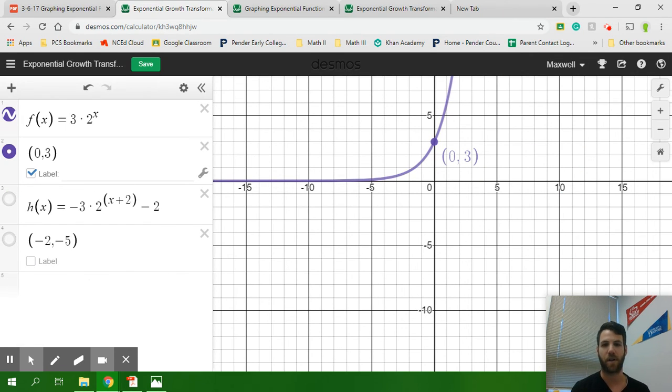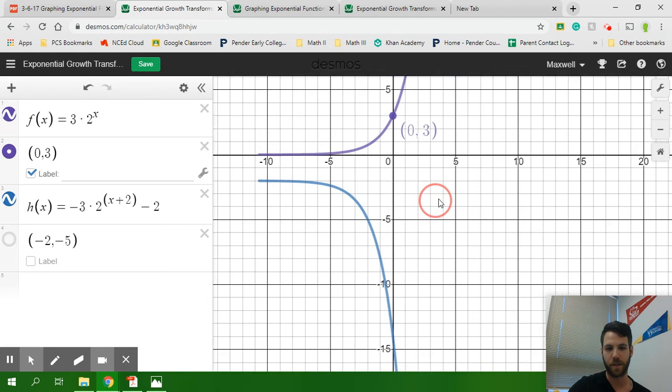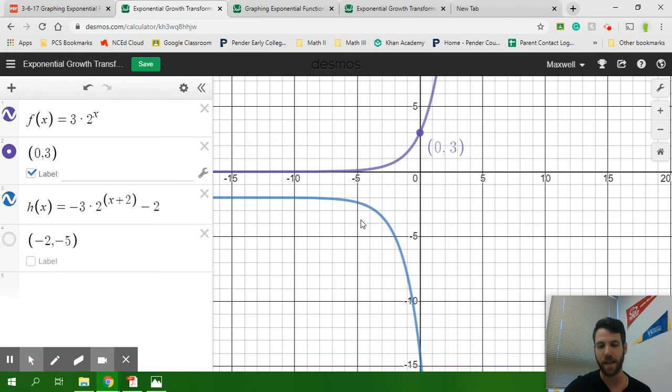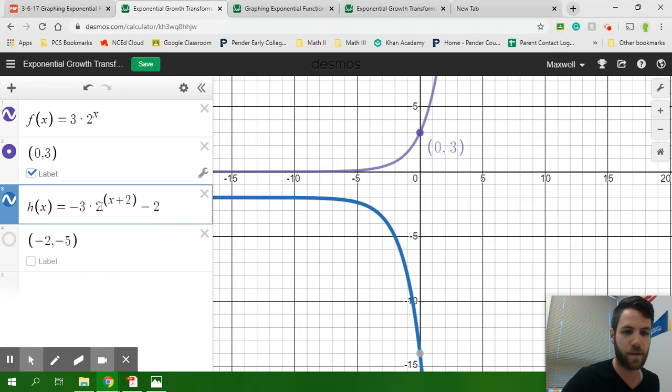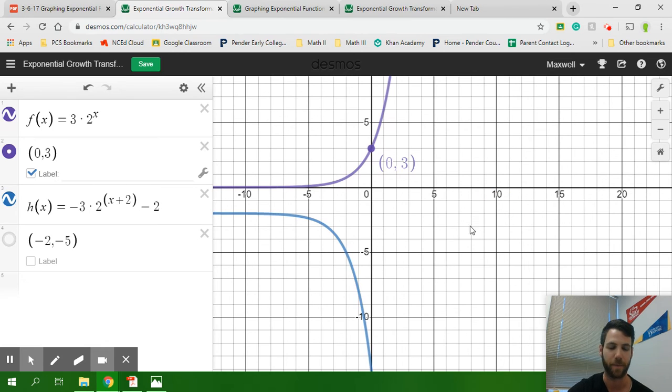In the next graph that we're going to be working on is h of x right here. And we can see it pop up on screen right now. And it has some similarities in that they are both going to be growth functions based on this 2 right here. That makes it a growth function underneath the x there. And we are going to be looking for the same exact things as just another example here.